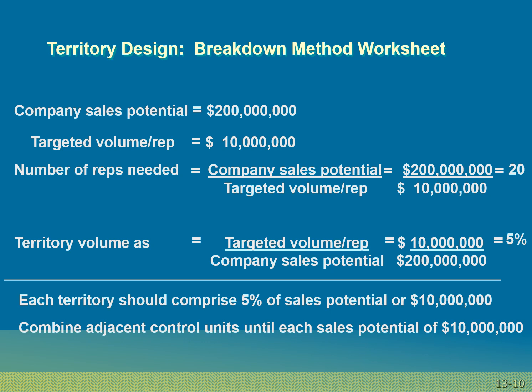Each territory should comprise 5% of sales potential, or $10 million, and so you combine adjacent control units until each reaches a sales potential of $10 million. You look at the states, counties, cities, the MSAs, and add them up, combining them until you reach $10 million. That's 5%. That's for this sales rep. So this is the breakdown method for your territory design.